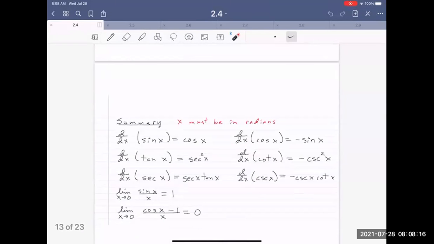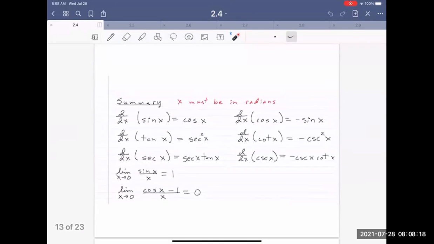So in summary, let me rewrite what we've shown. First off, remember that x must be in radians. These formulas do not work if x is not in radians, so you have to make the assumption that x here is in radians.